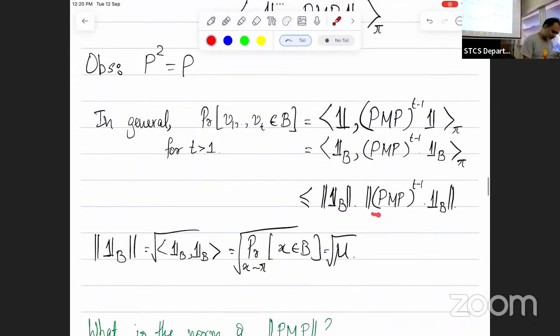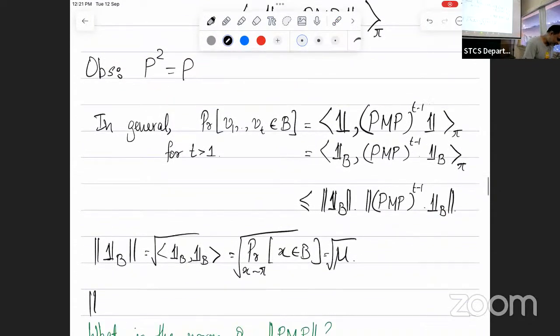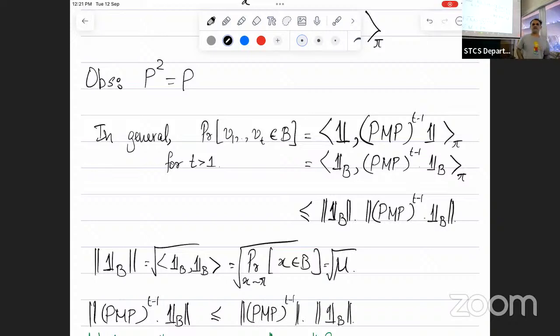Now I need to focus on this quantity. Here I want to say that this PMP to the power t minus 1 times 1B is at most the spectral norm of PMP to the power t minus 1 times the norm of 1B, because that's the definition of spectral norm. Spectral norm tells you the worst case stretch you could have amongst all possible vectors. 1B is one such vector, and you're asking how much PMP can end up stretching.